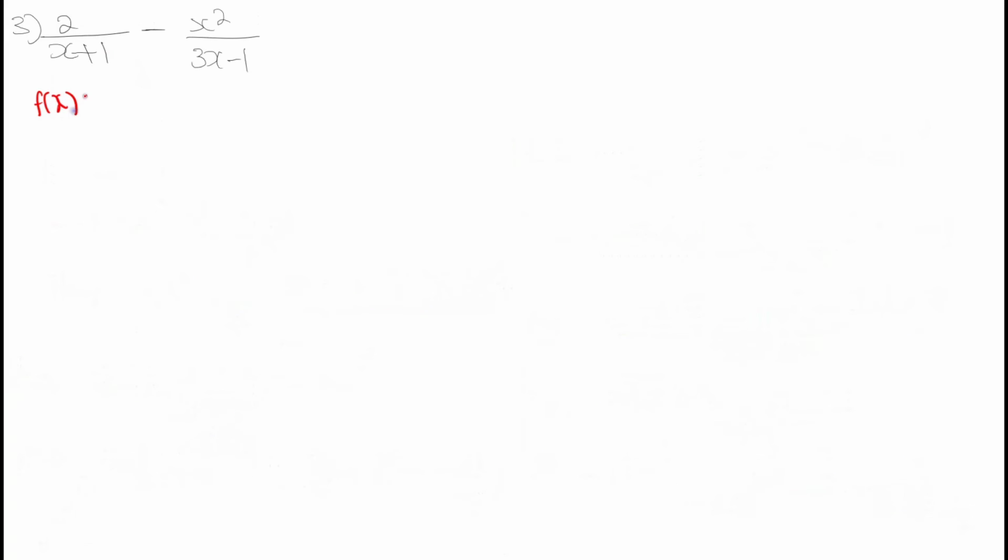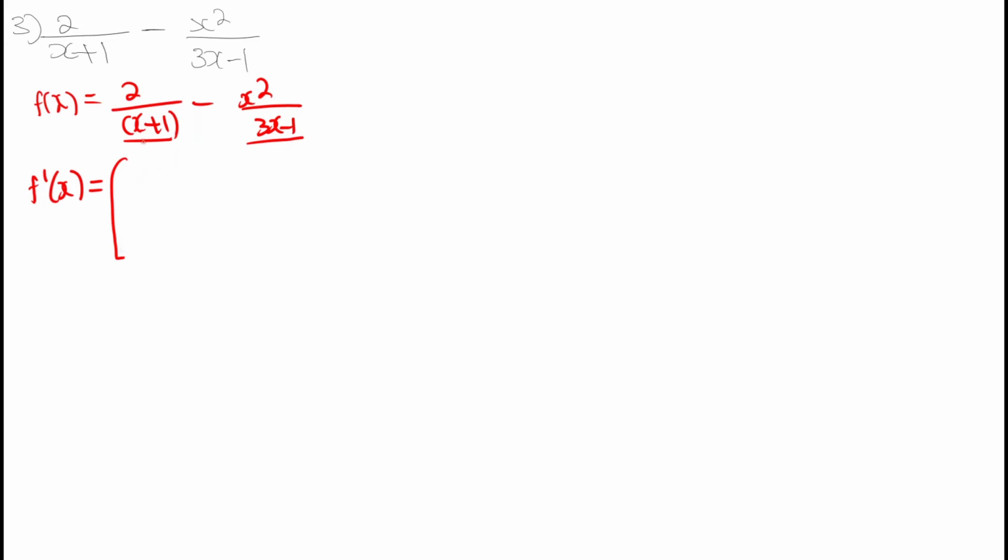f of x is equal to 2 divided by x plus 1 minus x square divided by 3x minus 1. f dash of x is equal to, see, we need to apply the u by v rule separately for the first term and the second term.